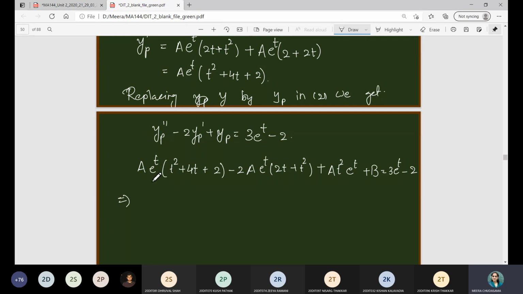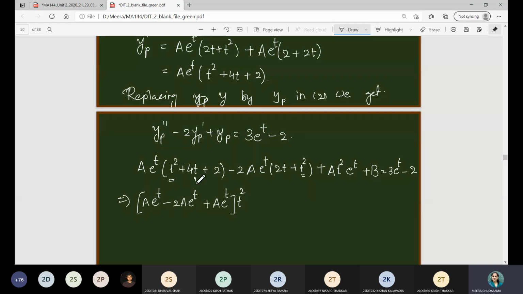So let us first collect the coefficients of t square. तो टी स्क्वायर के साथ कौन सी टर्म आएगी? एक तो this is there, so a e raised to t, then there is here also, so it is minus 2a e raised to t. This is here, right? Let us collect now the terms of t.